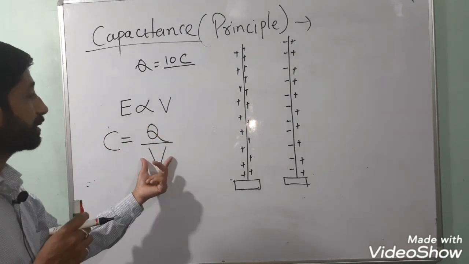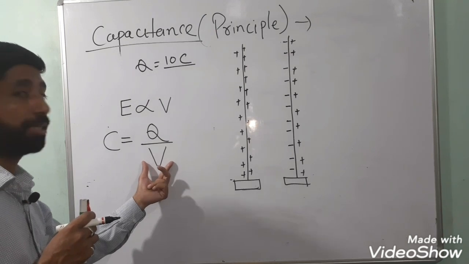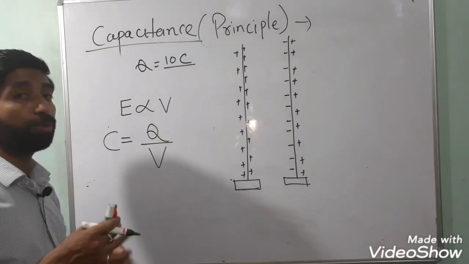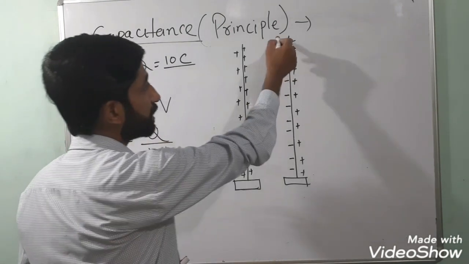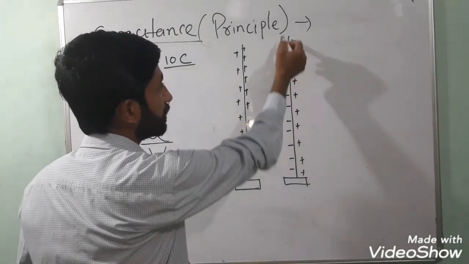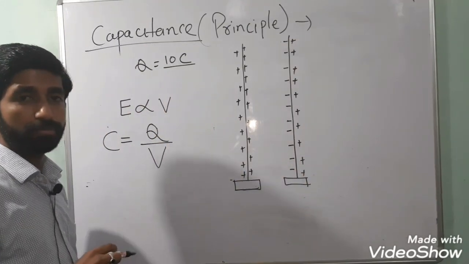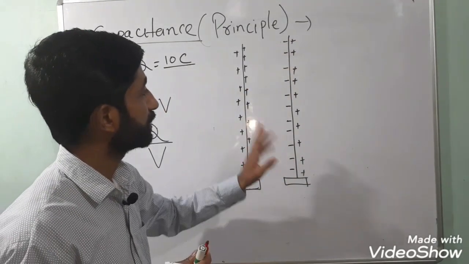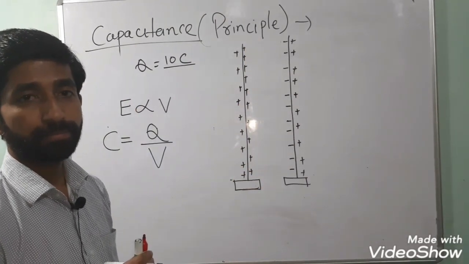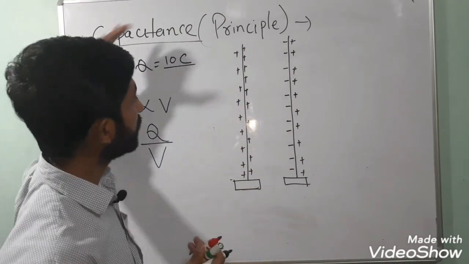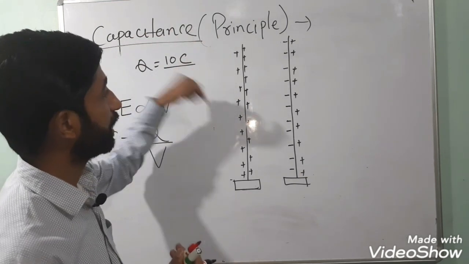That is, if we somehow can reduce the potential of that conductor, we can store more and more charge on this. So this is done by this negative side charge. It means this negative side is trying to reduce the potential of that particular layer, so that we can provide it more quantity of charge on this.